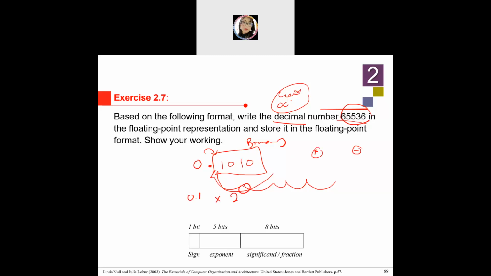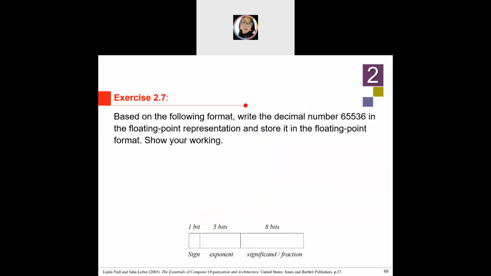From here, you put the sign in this part, the exponent here, and the value here. So for these two parts, there is a rule. First, you need to pad to the left. This one you pad to the right. Okay. Any question?